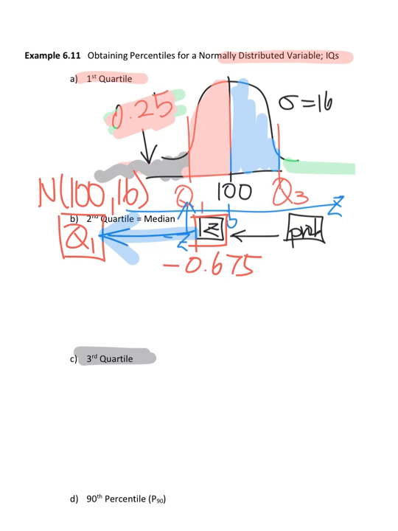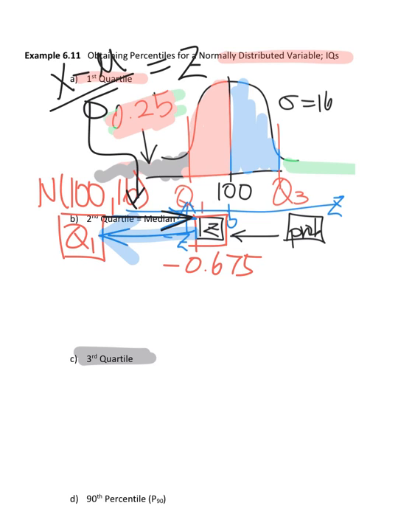To get the z-score we take off the mean, divided by sigma. Now we need the reverse: to get x, take the mean, add the z-score we found times the sigma.